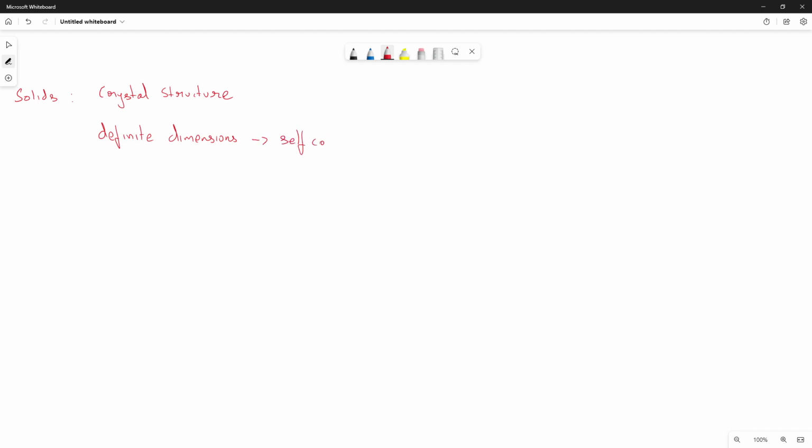Yes, sir, it is self-containing. Whereas if I have a liquid or a gas, I need a container. Does that make sense? If I have water, of course, even if I don't have a container, the water will be there, but I will no longer be able to use it.